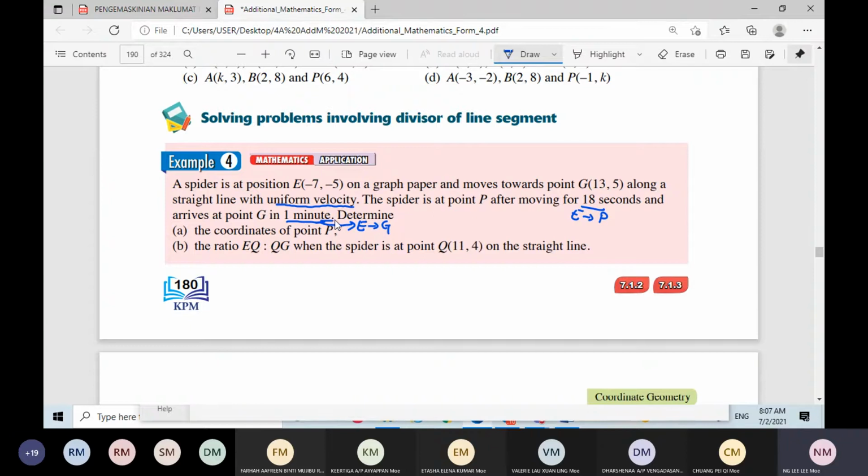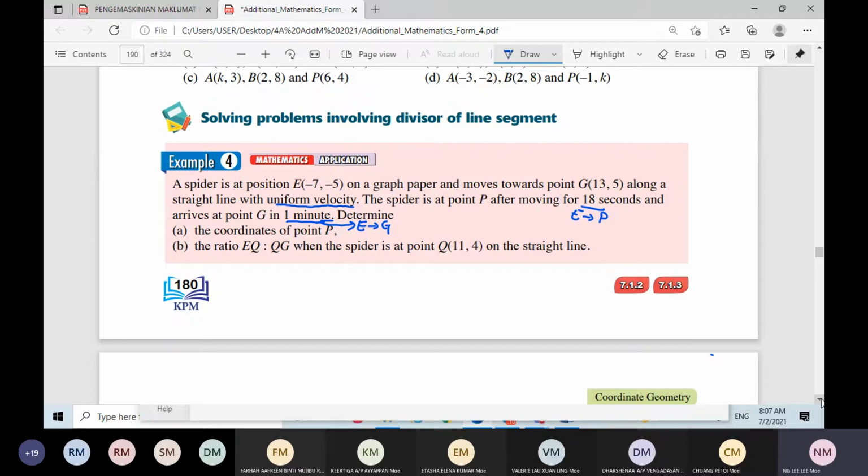This 1 minute does not mean from P to G. It is from the original position, which is E, to G. The spider took 1 minute to arrive, so it's from E, not from P.